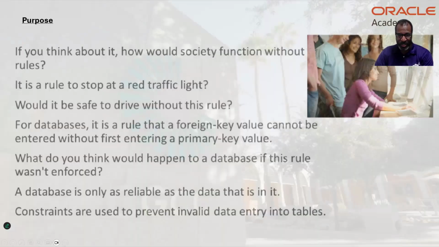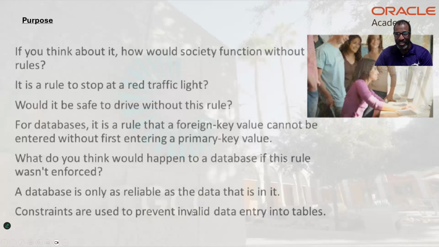And here's our reasoning: society, rules, traffic lights. Without rules, there's chaos. We know we have foreign key and primary key connections, which are constraints. So what do you think would happen to a database if these rules were not enforced? It would be anarchy. Believe me, when I came up through the database administration ranks, it was all about having no control of what's going on.